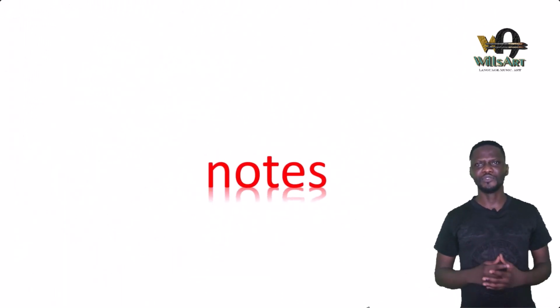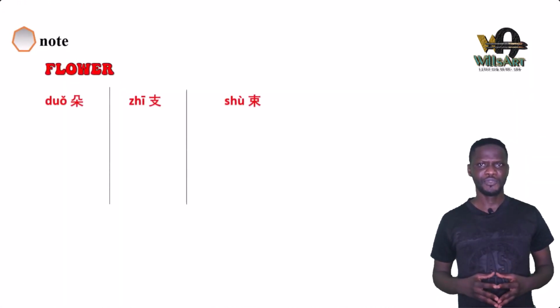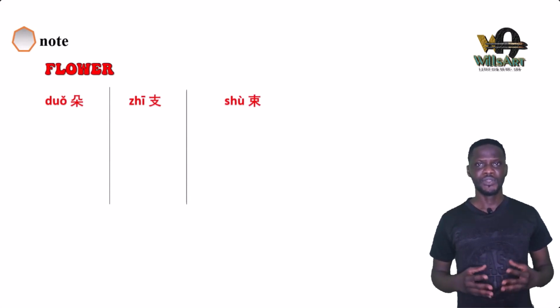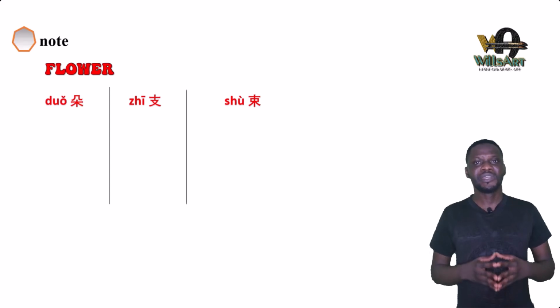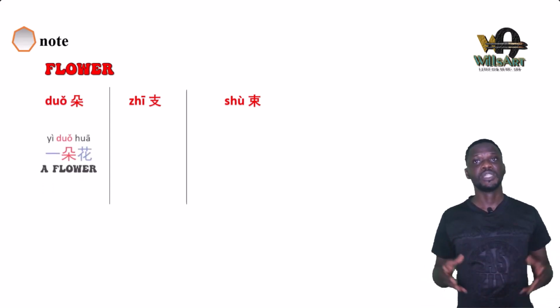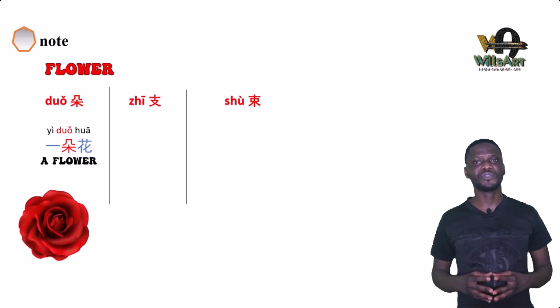Let's look at some things to note about measure words. Flower is one of the nouns that have different measure words. For example, you have 朵, 枝, and 束. These measure words are used depending on the appearance of the flower or the quantity of the flower. So it can have something like 一朵花, which means a flower, but this one is just talking about the flower alone without the stem.